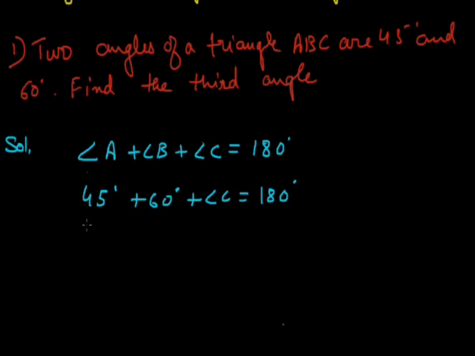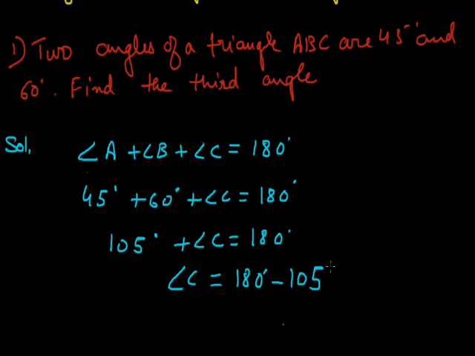Now 45 plus 60 will be 105 degree plus angle C is equals to 180 degree. Now since 105 is getting added to angle C, so if we take 105 on the other side of the equation, it will get subtracted from 180 degree.